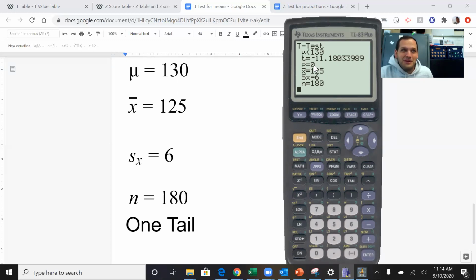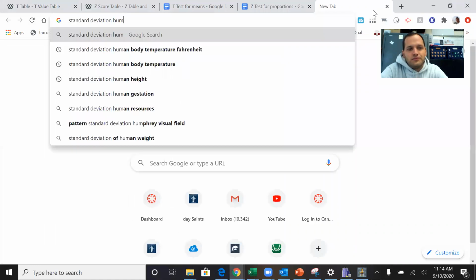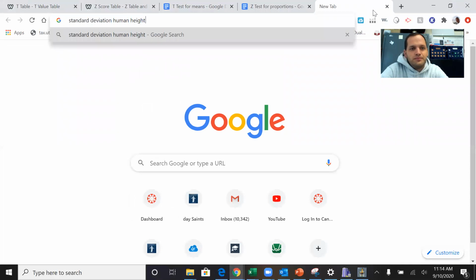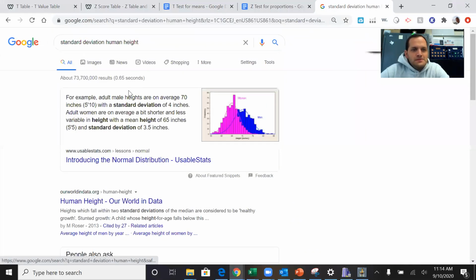For instance, with human heights, let's see where that would put us. So the average height is 65 inches with a standard deviation of 3.5.